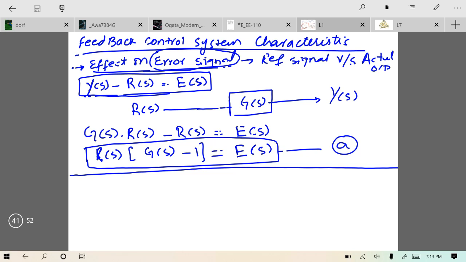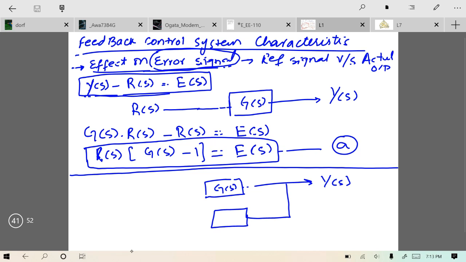For example, I can say that if I have this process G of S and I have an output Y of S, and there is a feedback loop with a transfer function H of S, and here we have a comparator. This is a reference signal.